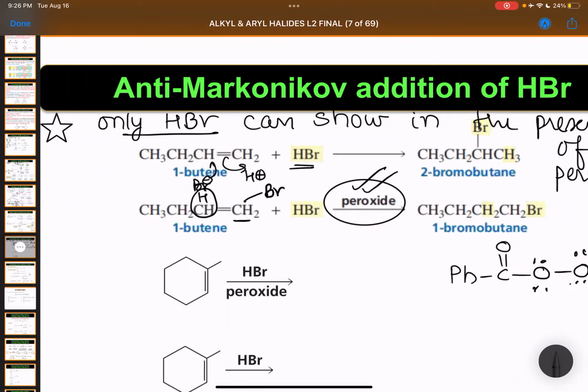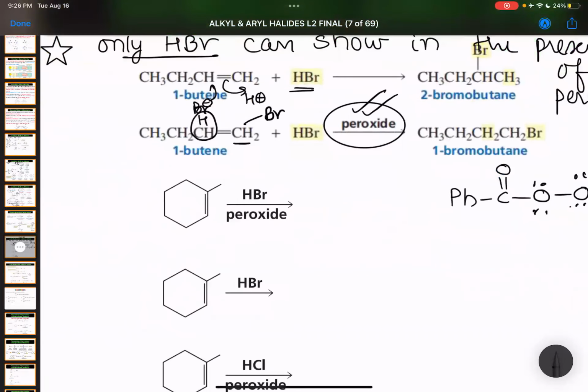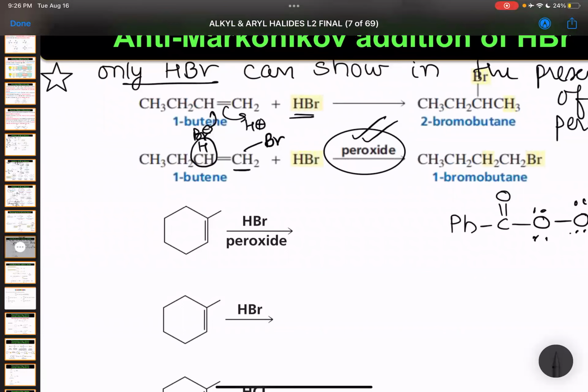So it is known as the peroxide effect, anti-Markovnikov addition, and this is also known as the Kharasch effect, because of the name of the scientist who studied this experiment. And this is free radical addition.